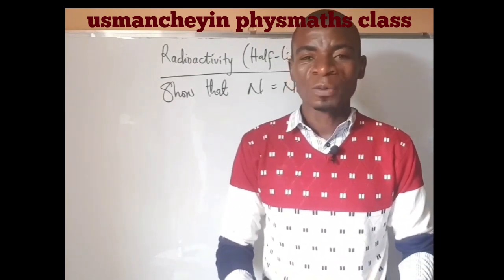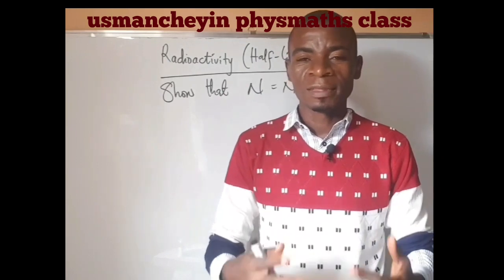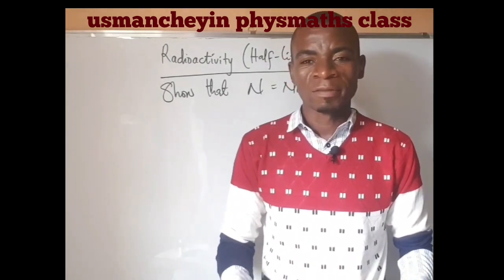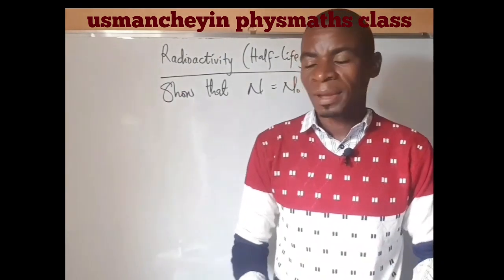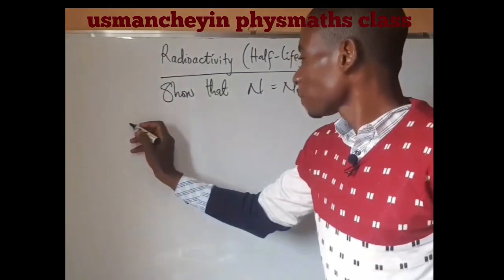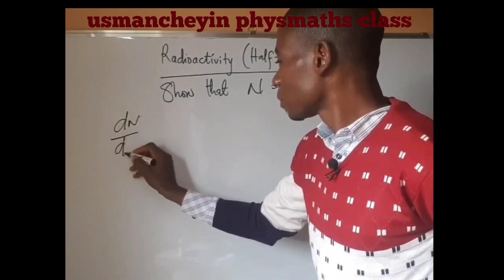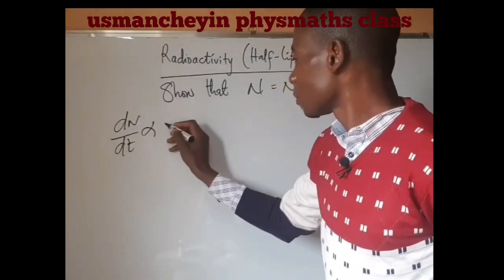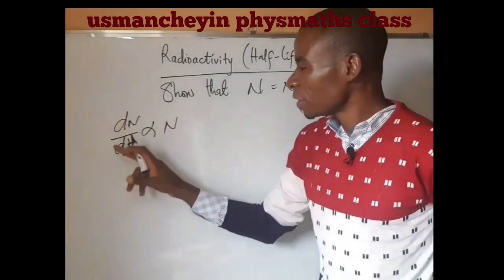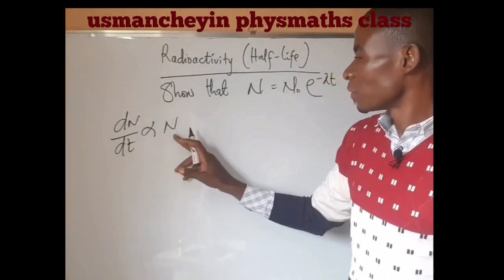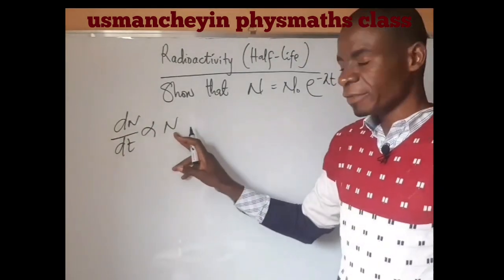Rutherford and Soddy found that the rate of decay is proportional to the radioactive nuclei present, and mathematically we can write it like this. So this is the rate of decay is proportional to the number of radioactive nuclei present.